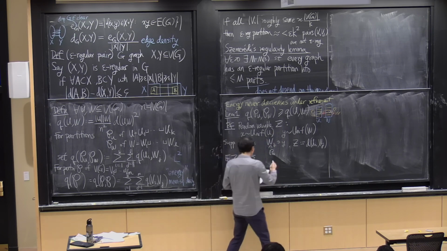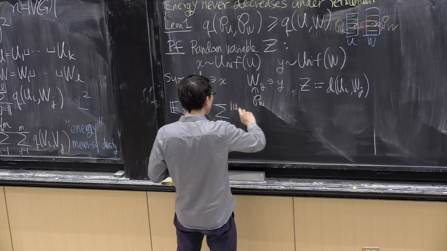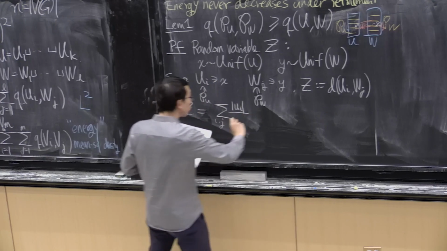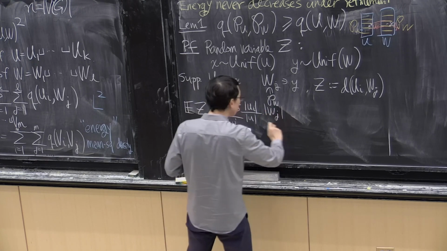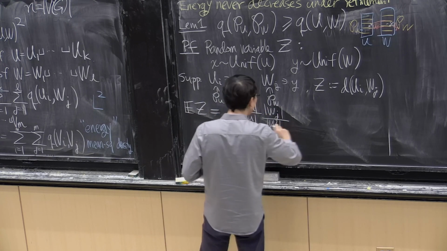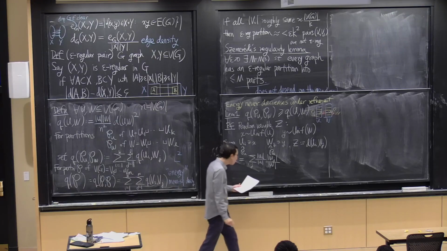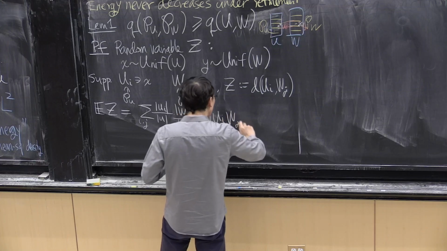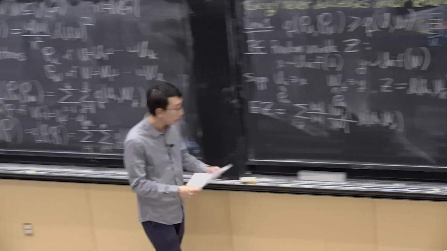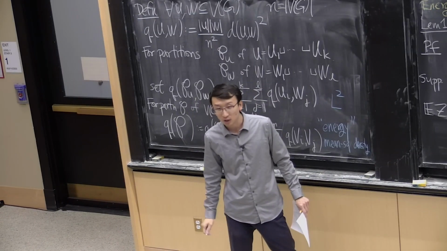What's the probability that x falls in Ui? It is the size of Ui as a fraction of U. What's the probability that y falls in Wj? It's the size of Wj as a fraction of the size of W. And then Z is this quantity here. So this is what I find to be the expectation of Z.